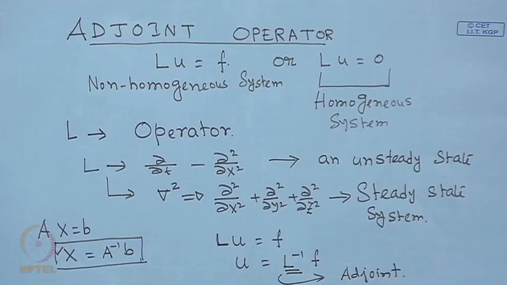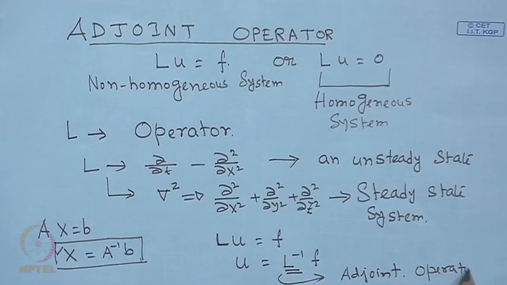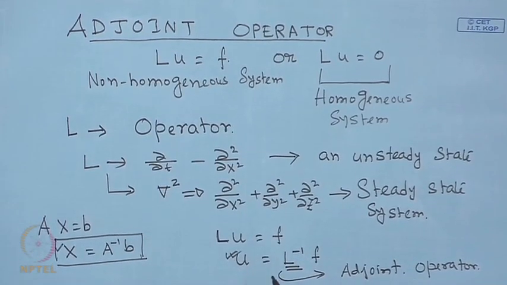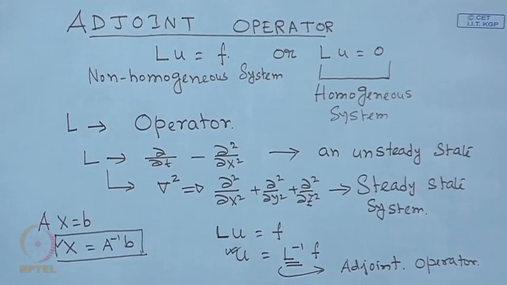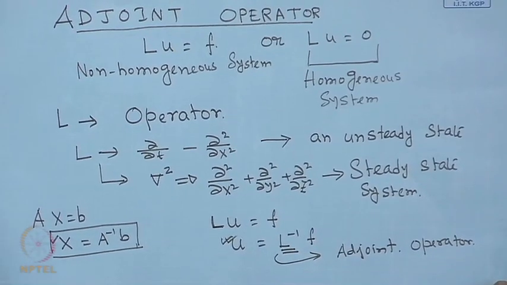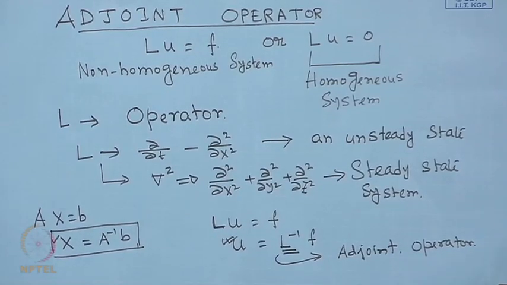So, if L is the operator, we find out L inverse as the adjoint operator. So, in order to find a solution u, you have to determine the adjoint operator, so that you will be getting the complete solution. So, evaluation of the adjoint operator is very important in the continuous domain, and once you evaluate the adjoint operator, you will be in a position to get the complete solution of the chemical engineering system.